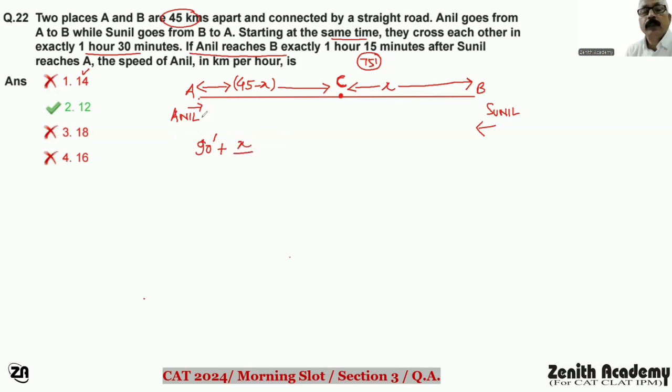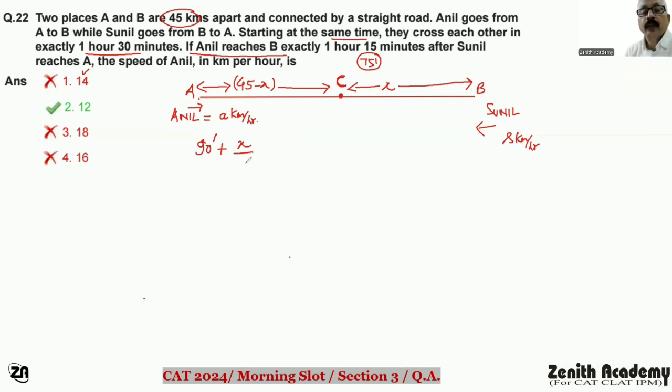And suppose the speed of Anil is a kilometer per hour and speed of Sunil is small s kilometer per hour. A for Anil, S for Sunil, it will help you.